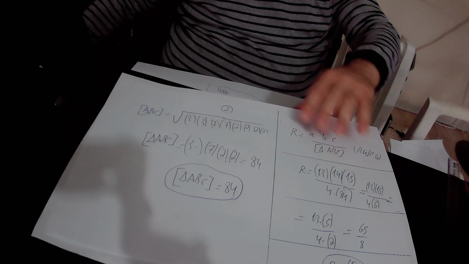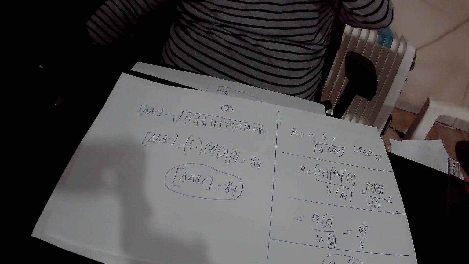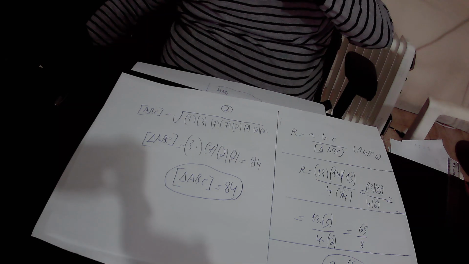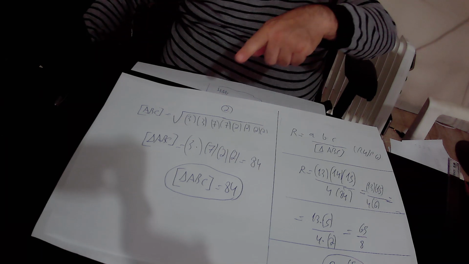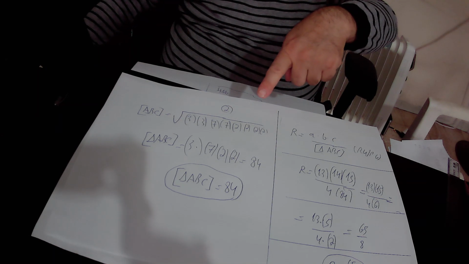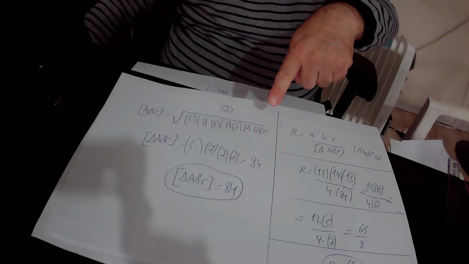is equal to the square root of 3 times 3 times 7 times 7 times 2 times 2 times 2 times 2. The square root of 3 times 3 is 3, the square root of 7 times 7 is 7, the square root of 2 times 2 is 2.